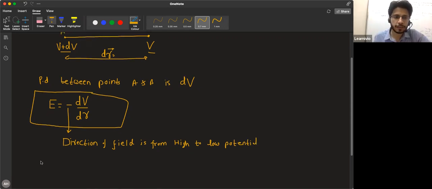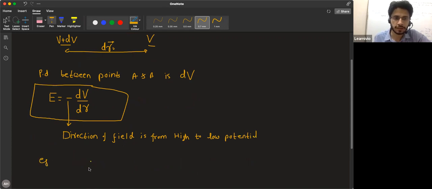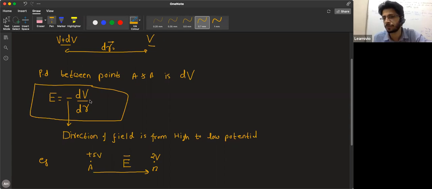So if I give you, let's say this is point A and this is point B. Potential at A is plus 5 volt. Potential at B is 2 volt. Mazia, what's the direction of field? It's A to B or B to A? Very good. The direction of field is from high to lower potential. This is the significance of this negative sign.